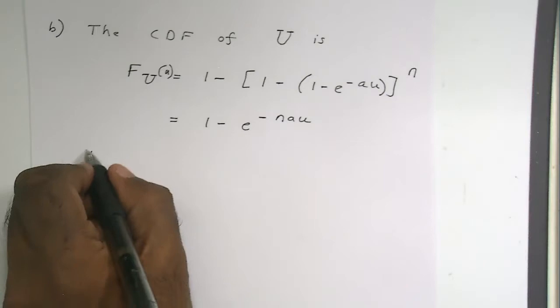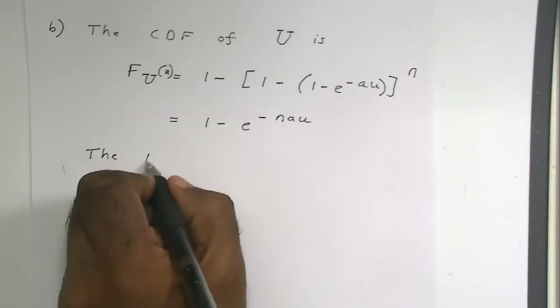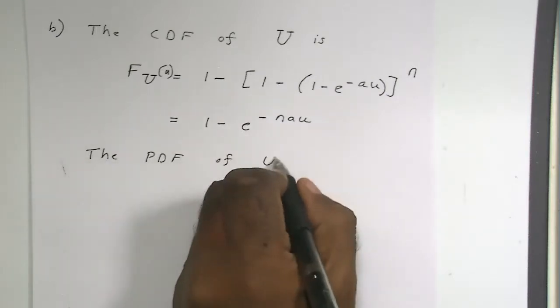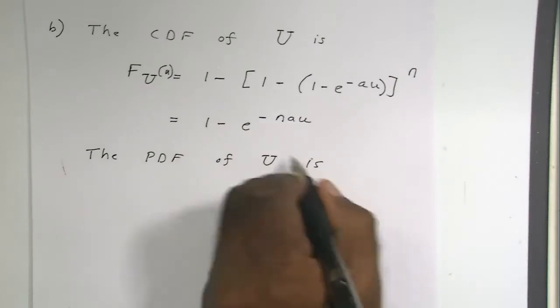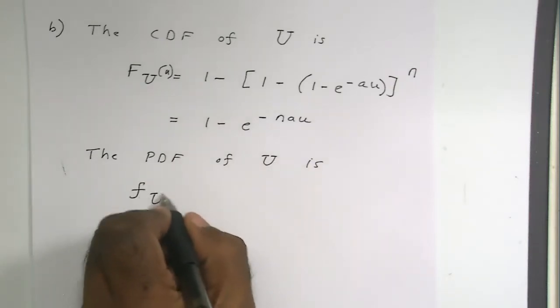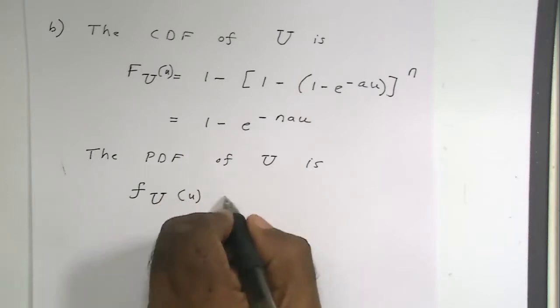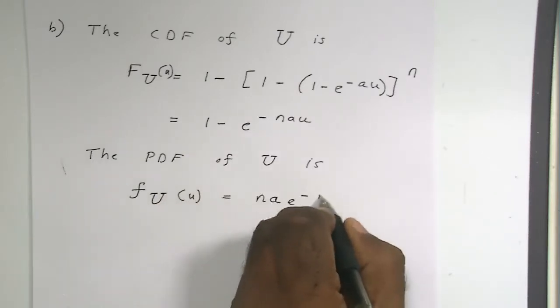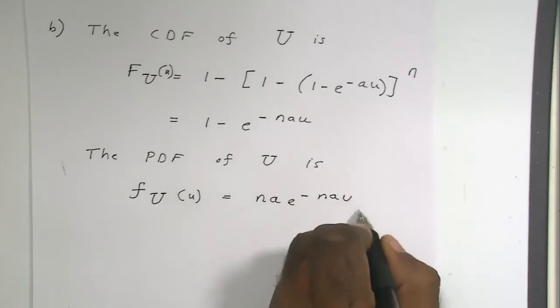And the PDF of U is the derivative of this, which is just this.